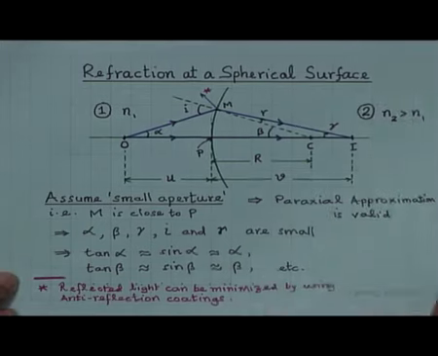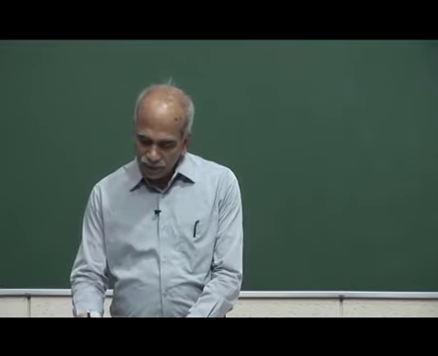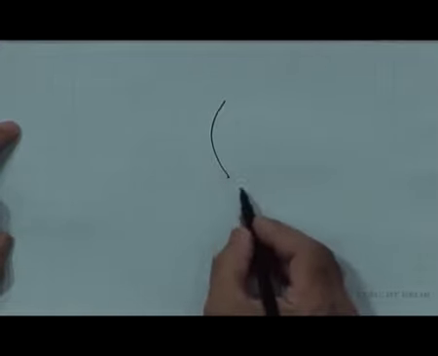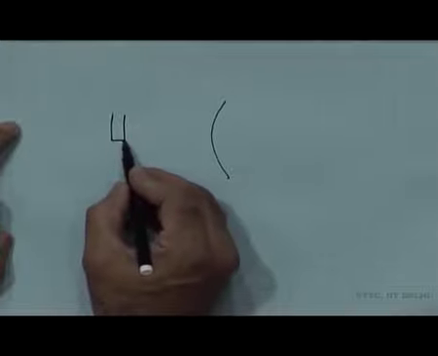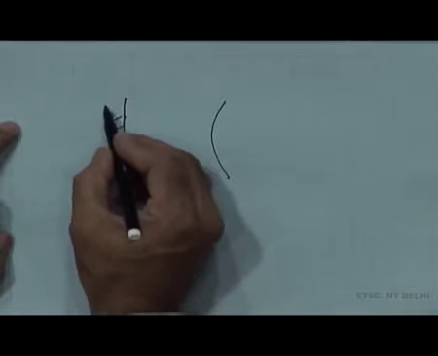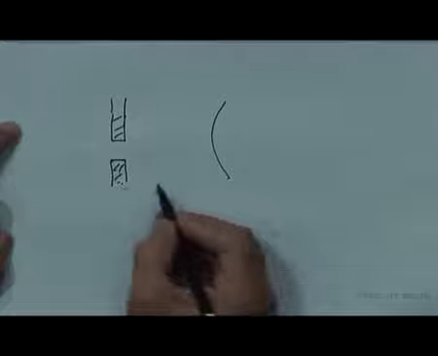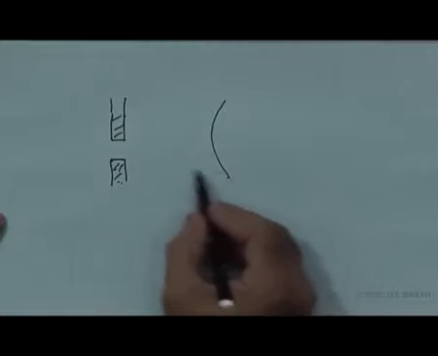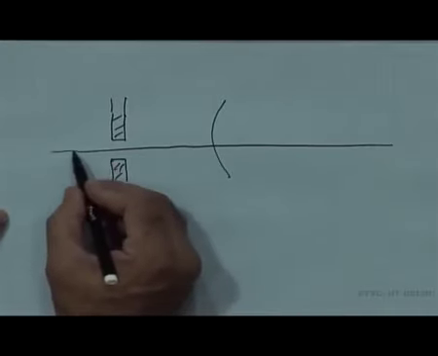When we have an optical system, it may have several components or surfaces, but if this is the spherical surface, by small aperture I mean that we put an opaque stop in front of this with a small opening, and only the rays of light entering through this aperture undergo reflection or refraction.